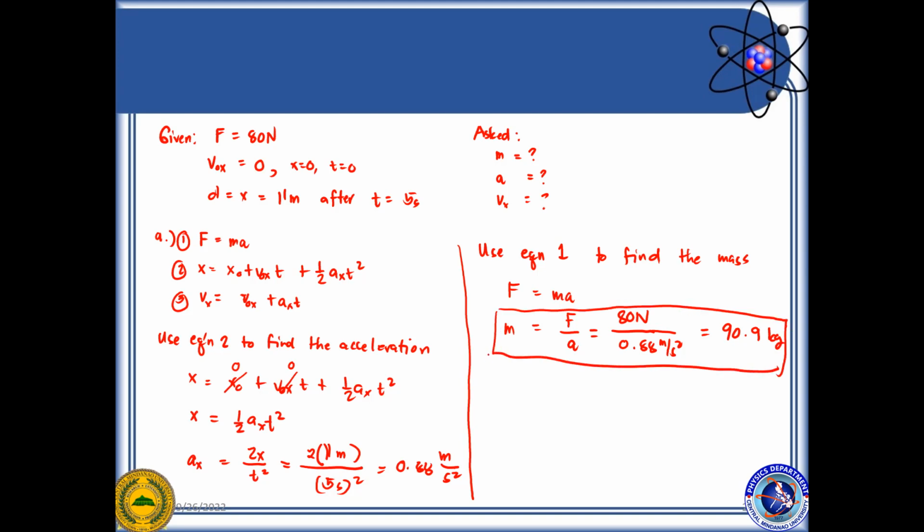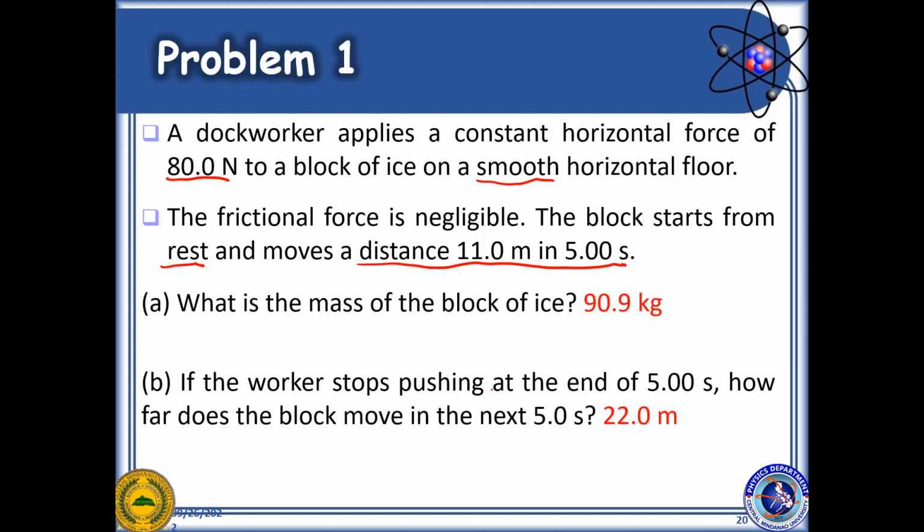And then for letter B, we are asked to solve for: if the worker stops pushing at the end of 5 seconds, how far does the block move in the next 5 seconds?